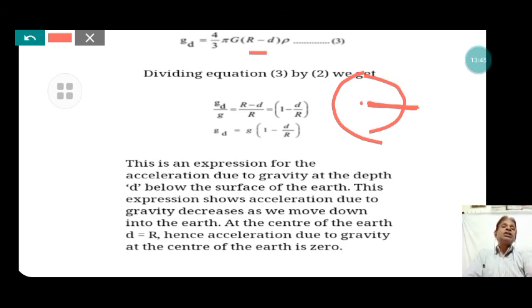So we get 0 acceleration at the center of the earth. When you move below the surface of the earth, the acceleration due to gravity decreases at this rate.